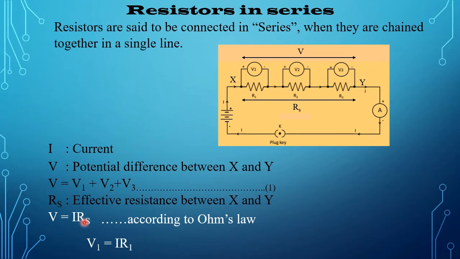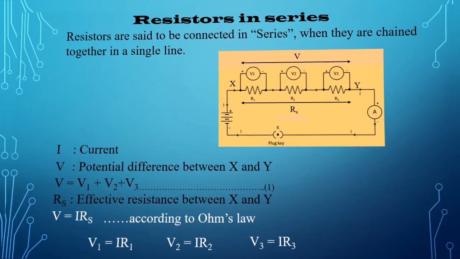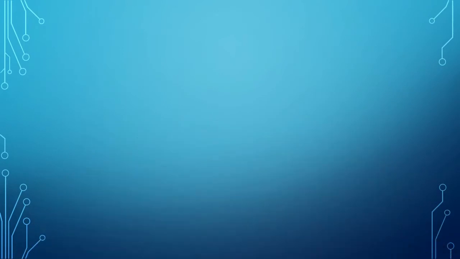Therefore, we write V1 is equal to I R1, V2 is equal to I R2 and V3 is equal to I R3. We have V equal to V1 plus V2 plus V3 as equation number 1.